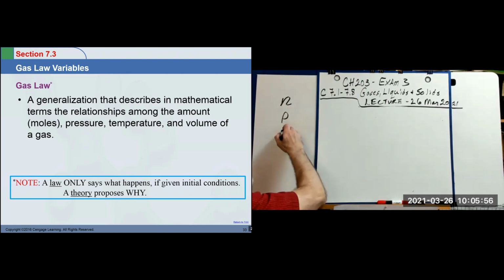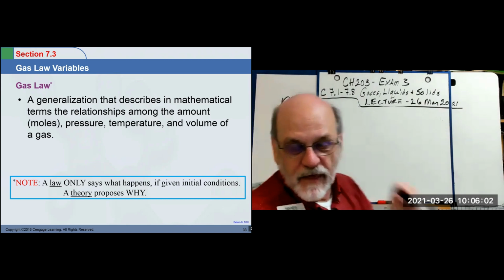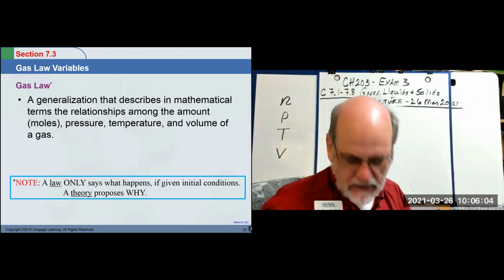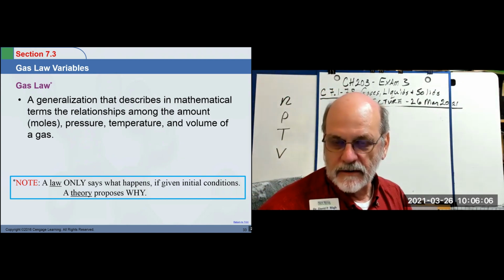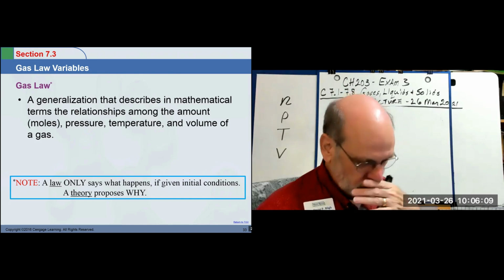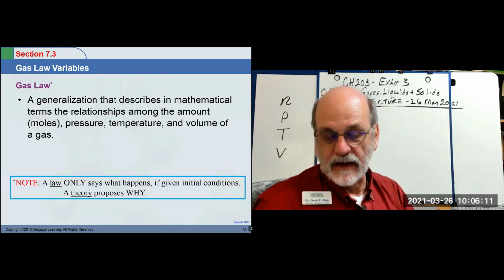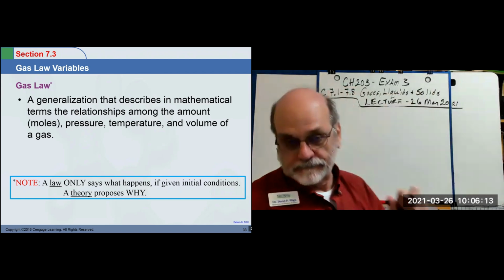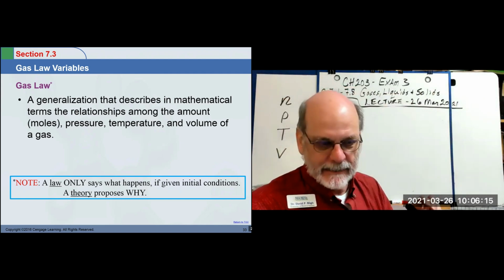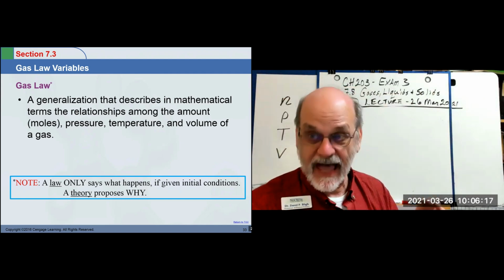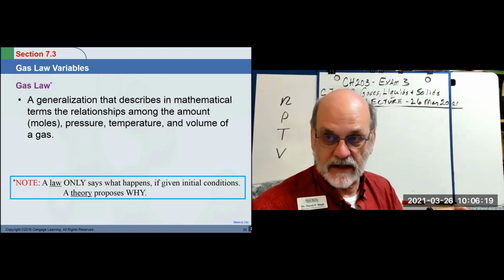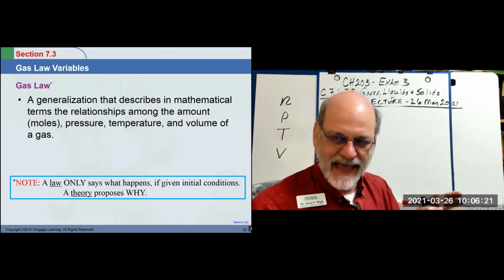We need to know the temperature of the gas. And we need to know the volume. Those 4 measurements completely describe the gas.